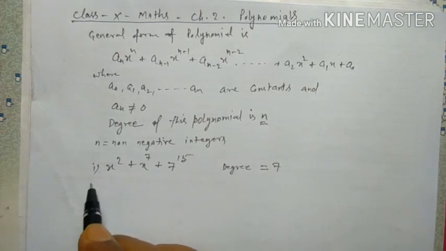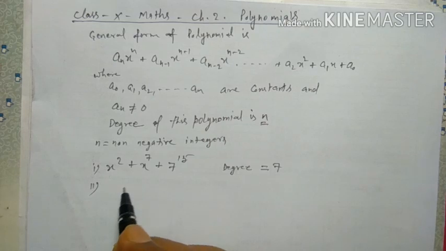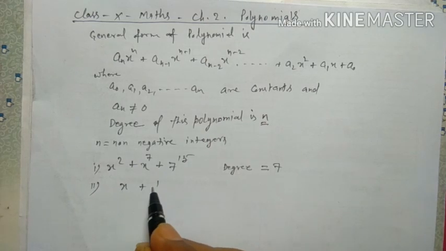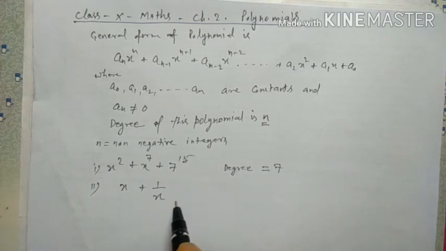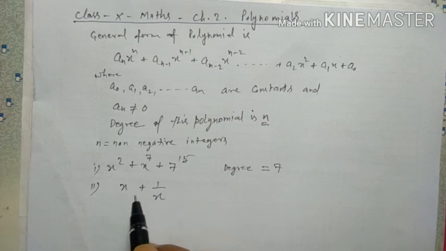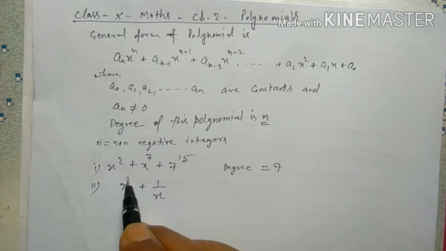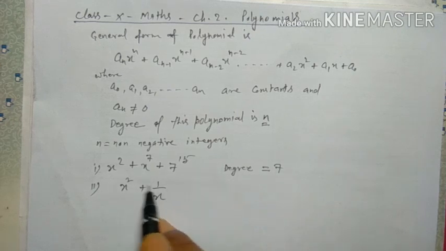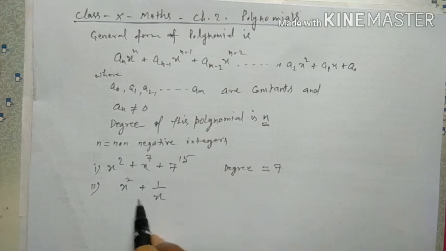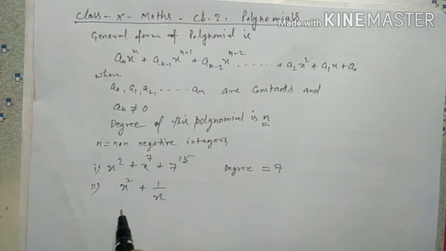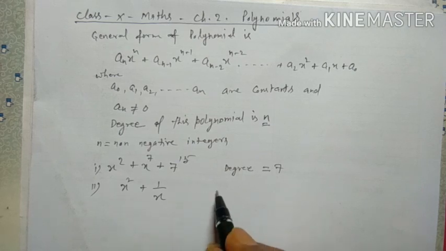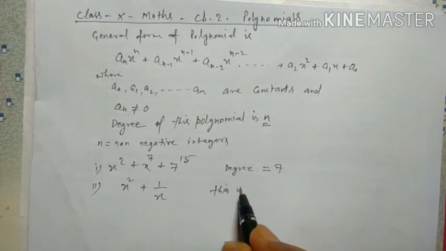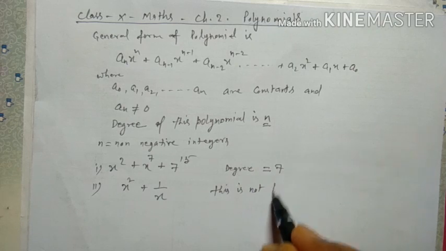Second example, let us take x plus 1 by x, or x squared plus 1 by x. What will be its degree? Its degree is not defined because this is not a polynomial.